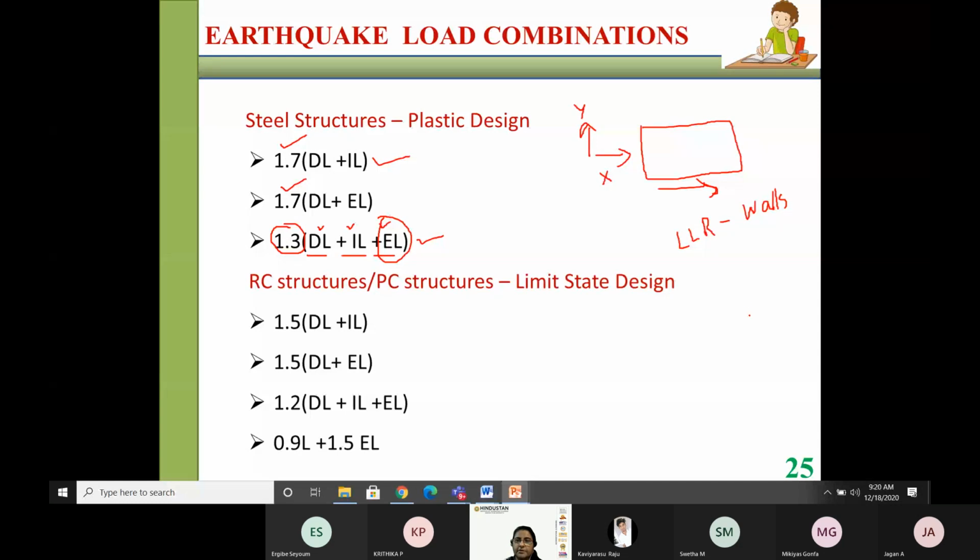In a building, you are expecting the earthquake load in the horizontal direction, so all the vertical elements will be resisting the lateral load. The major lateral load resisting element is the shear wall. You must have heard about the shear wall.